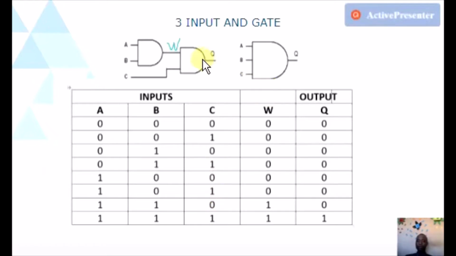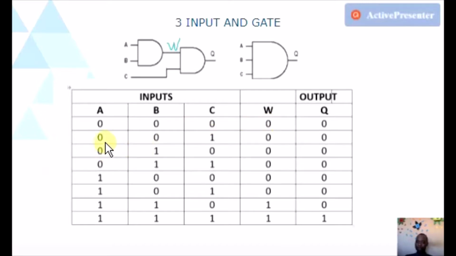Good. Now, how do you get your W here? You get W from the result of the inputs A and B. I recommend you first write your inputs like this: A, B, then C, then you get your W. W is the result of A and B. That's 0 times 0 will give you 0 here.